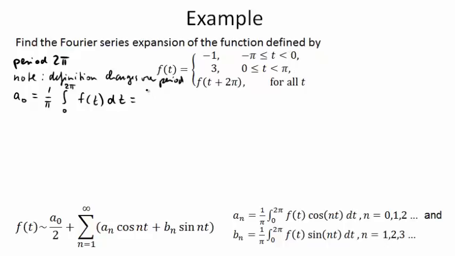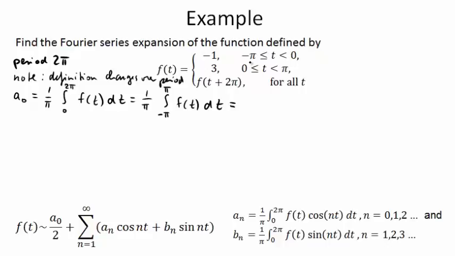So a simpler way of doing this is to change the limits for the integral. We are integrating over a whole period, and that means it doesn't really matter where we start, as long as we integrate over the whole period. So we can go from 0 to 2 pi or from negative pi to pi, because it's still over the distance of 2 pi.